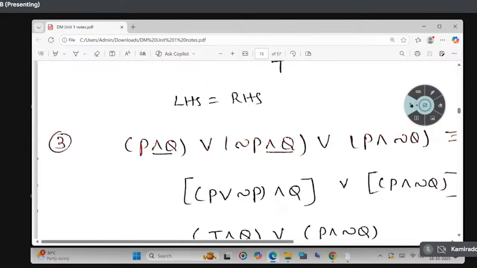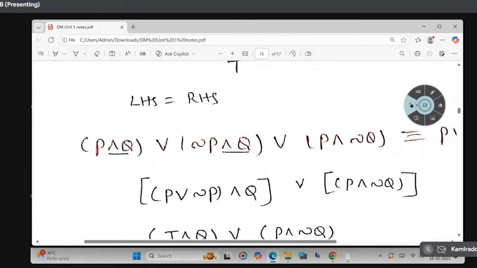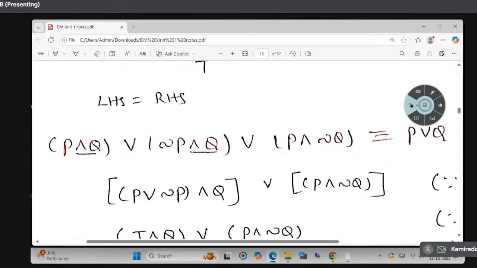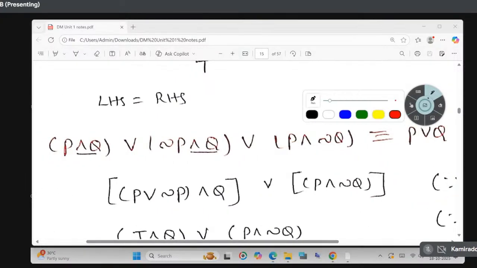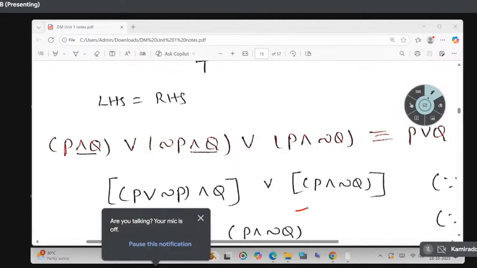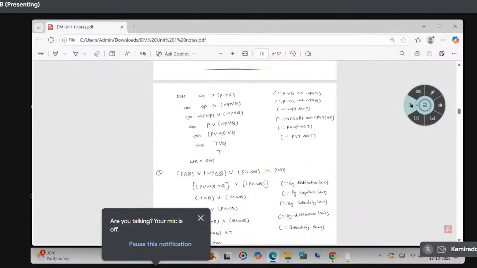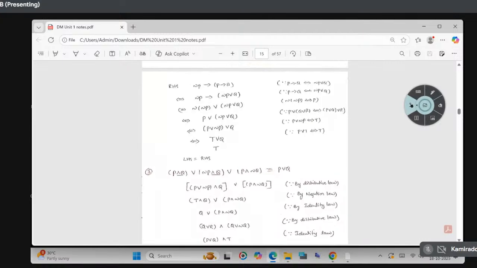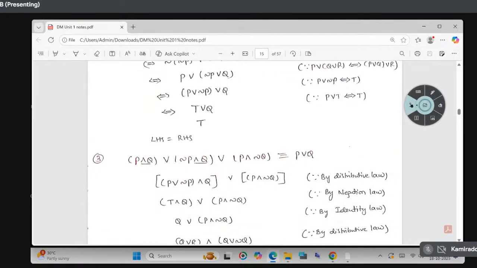So with these two values, P and Q and negation P and Q, what can we take from those two things?